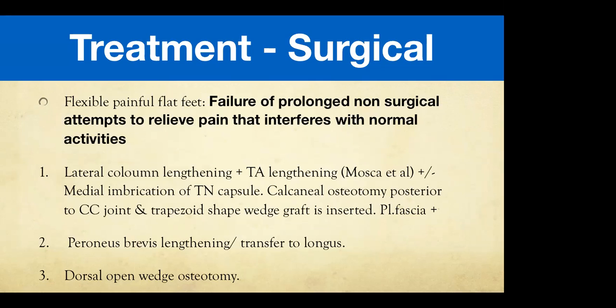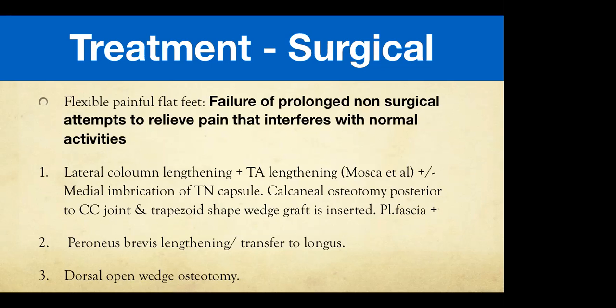Sometimes medial imbrication or tightening of the talonavicular capsule is done. Calcaneal osteotomy is done posterior to the calcaneocuboid joint, and a trapezoid shaped wedge graft is inserted, plus or minus plantar fascia release. If the peroneus brevis is tight and not allowing you to lengthen the calcaneal osteotomy, peroneus brevis lengthening is done or it is transferred to the peroneus longus tendon.